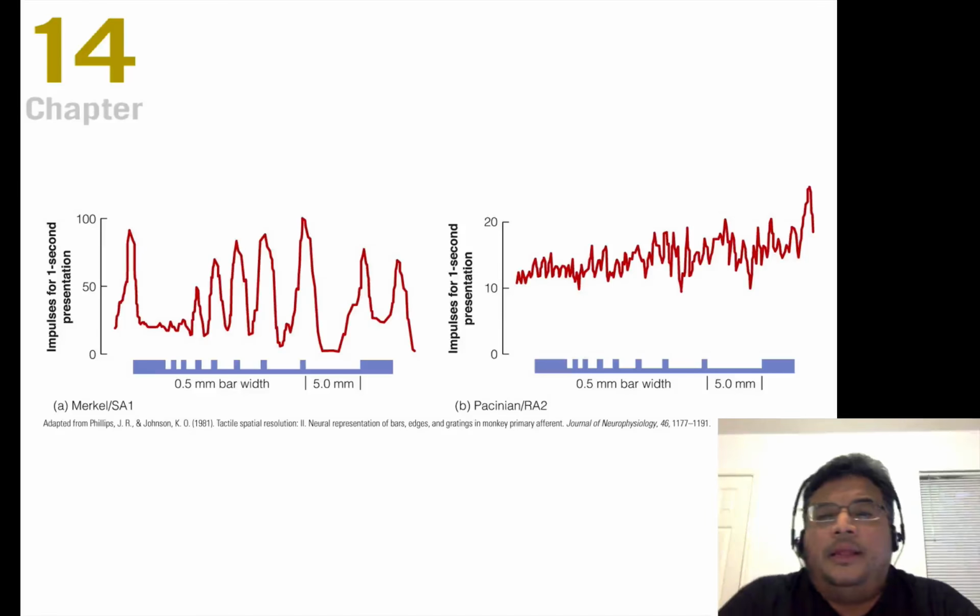Here's some data that shows what happens when the different bars are applied on the grating test for a Merkel cell versus a Pacinian corpuscle.